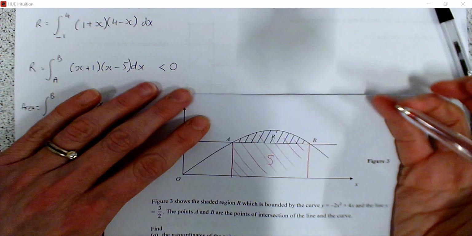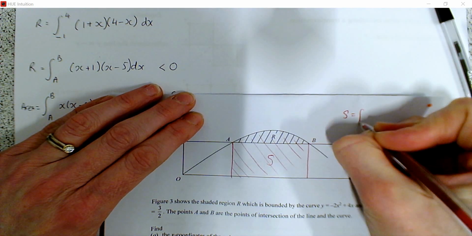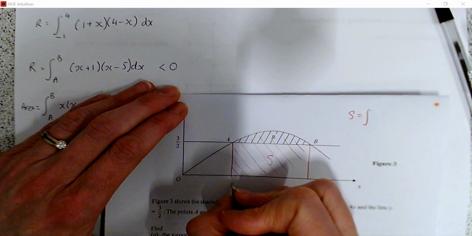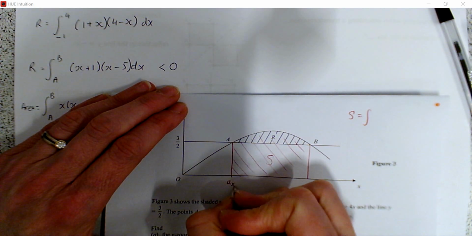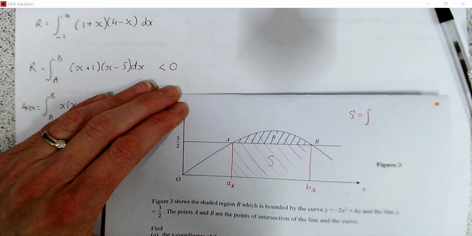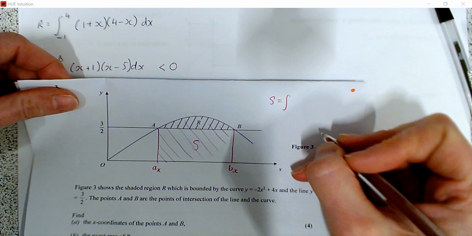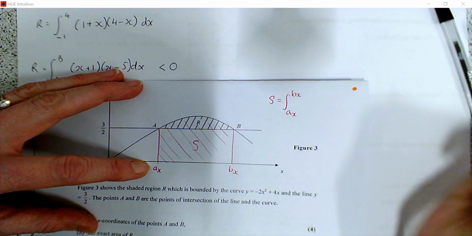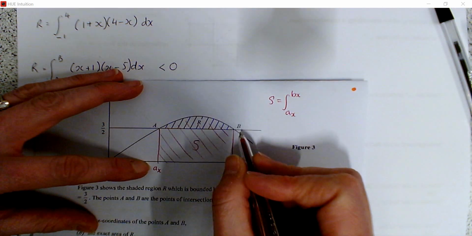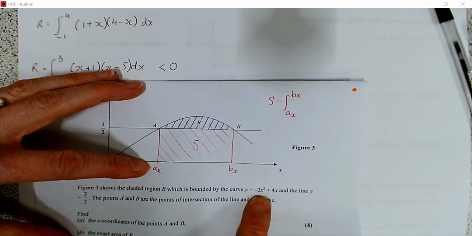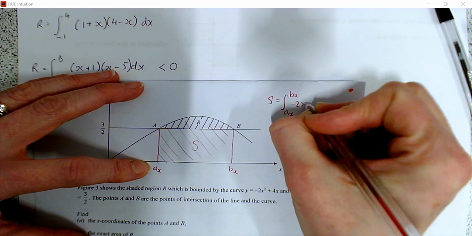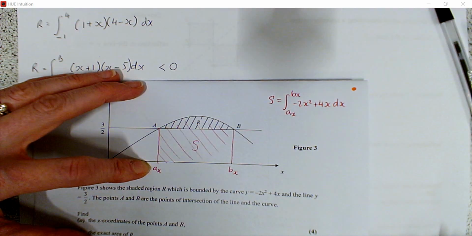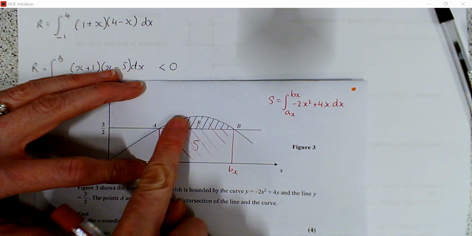So that total area here, we would have S is the integral. I don't know what these numbers are, but they relate to A and B, so I'll put AX and BX. I'd integrate from the lower limit AX up to BX, and I'll be integrating this curve, which in the question tells us it is minus 2x squared plus 4x with respect to x. But that gives me the whole shape.